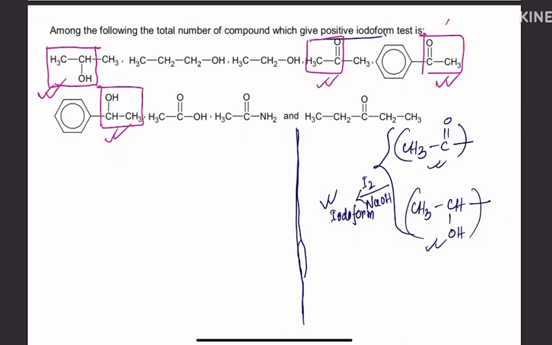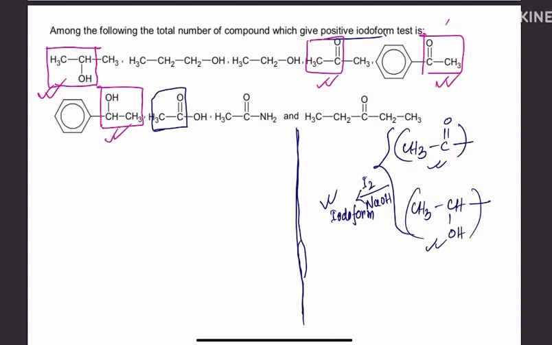Yes, this is the correct answer. Now you will be asking that a CH3CO group is there in this case too, so does this one also give an iodoform test?